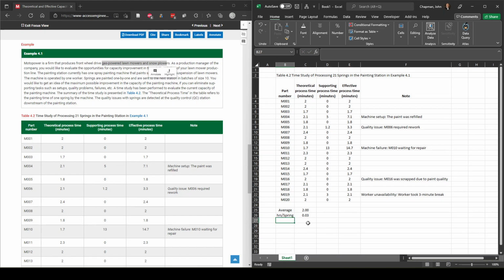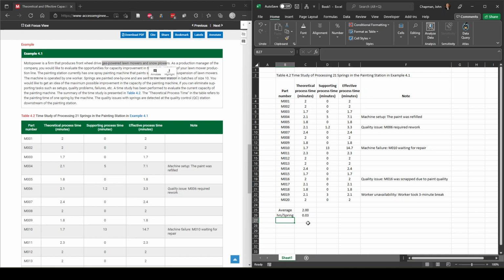Okay, we want to make one more calculation, which is how many springs can we do per hour? This is the theoretical capacity number, which is measuring what's the capacity of the resource.